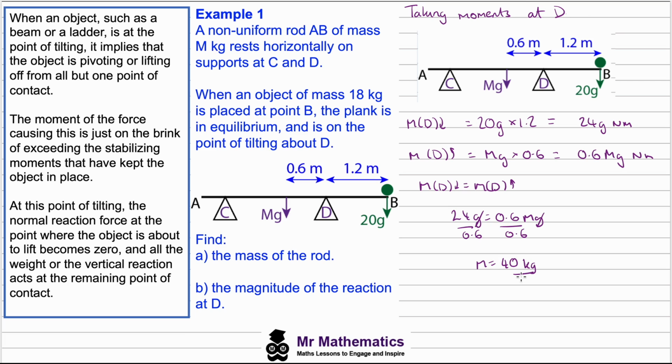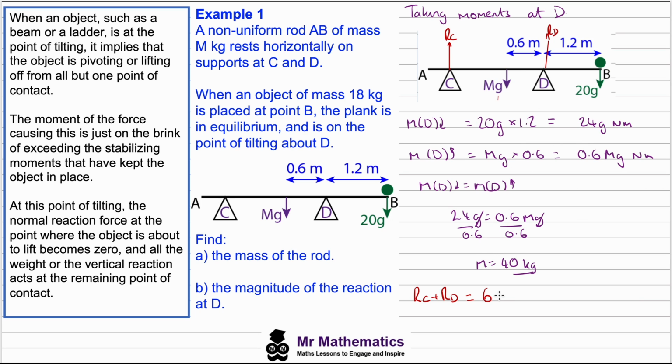And to resolve vertically, if we think about the vertical normal reaction from C, we'll call this RC, and the normal reaction from D, we'll call this RD. Then resolving this vertically, RC plus RD will equal the downward force, which is the mass plus the 20g.